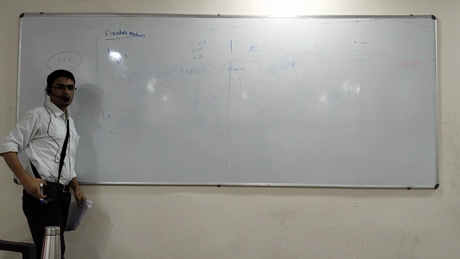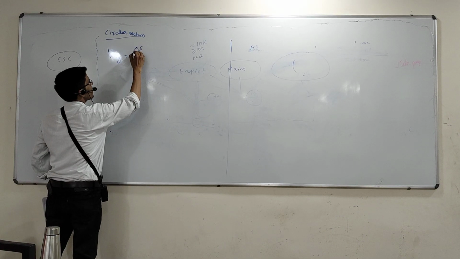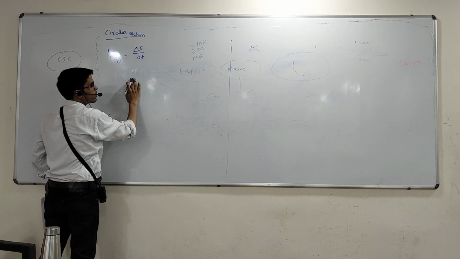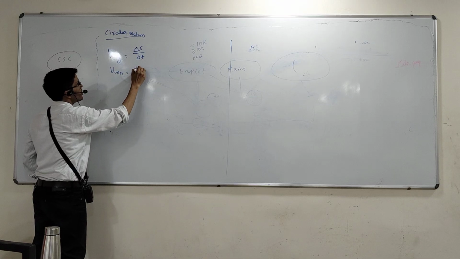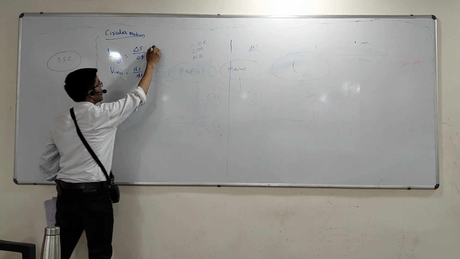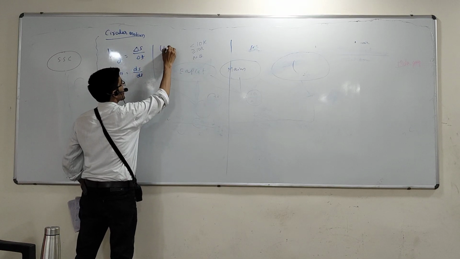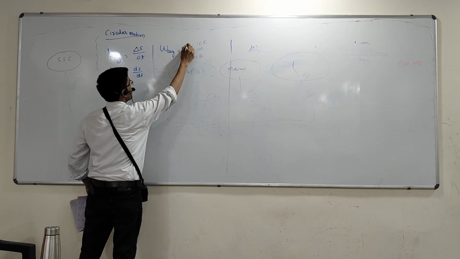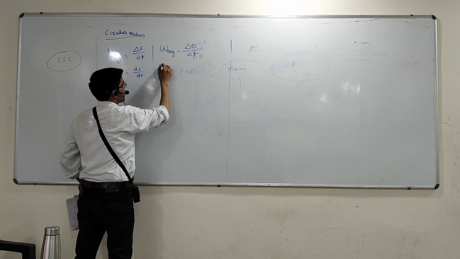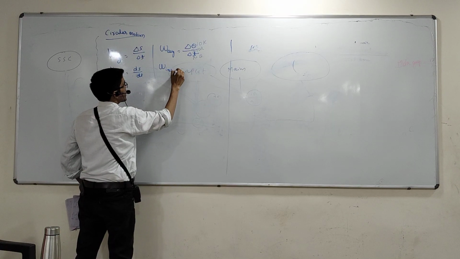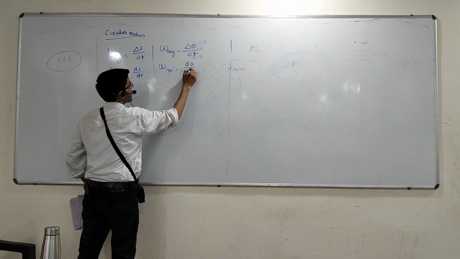V average equals delta s upon delta t, and v instantaneous is ds by dt. Similarly, omega average is delta theta by delta t, and omega instantaneous will be d theta by dt.